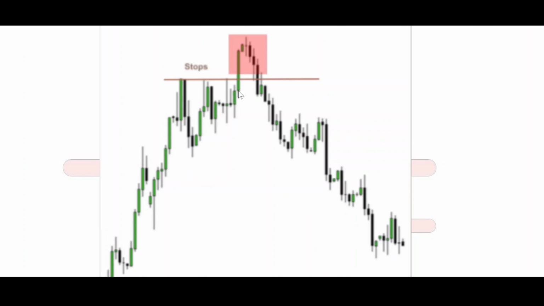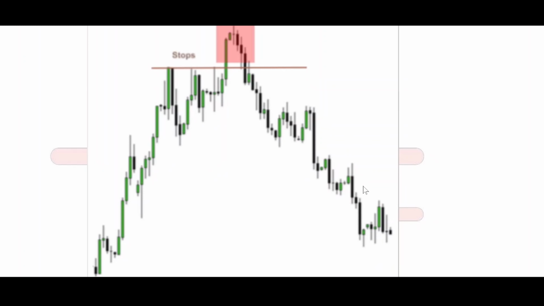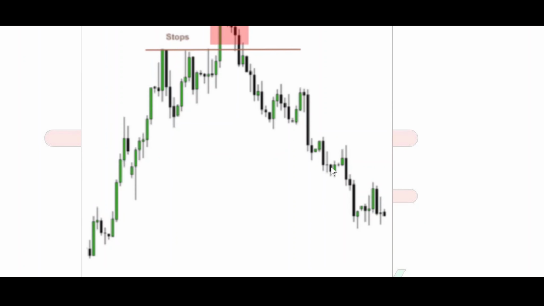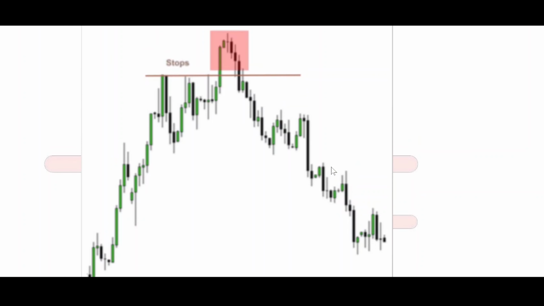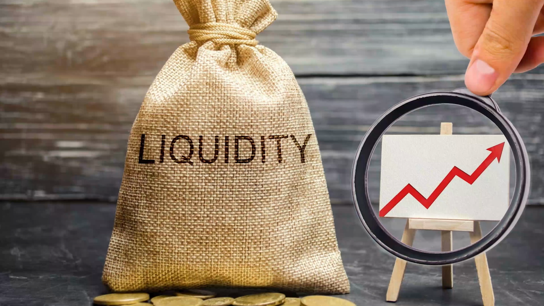After this breakout, they're going to put their stop losses right below, and then smart money comes in, pushes the market down, takes out their stop losses, and you can see we have a very long bearish movement to the downside. So all the buy stops residing at that level are all taken. Vice versa for the sell stops as well. We'll also go to the charts to identify these ones.